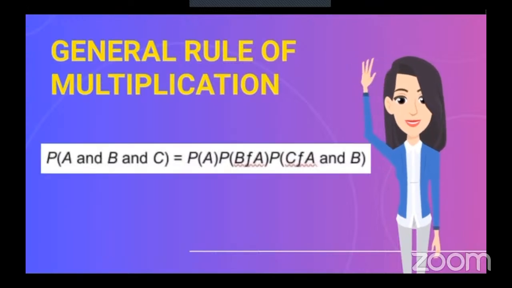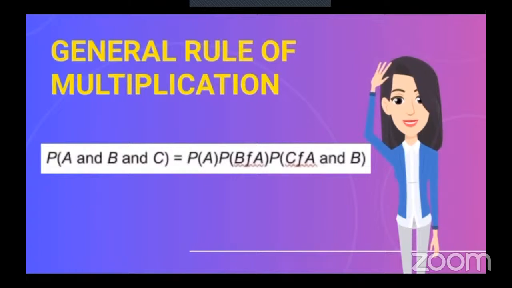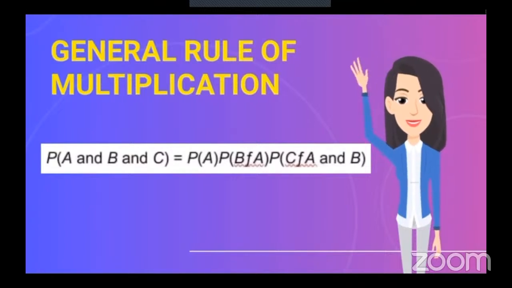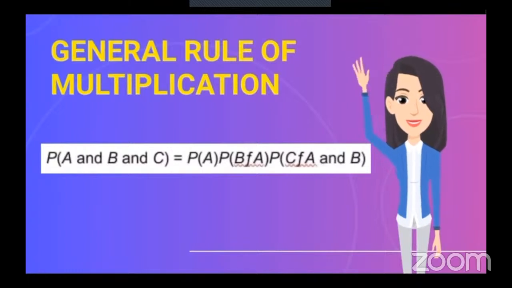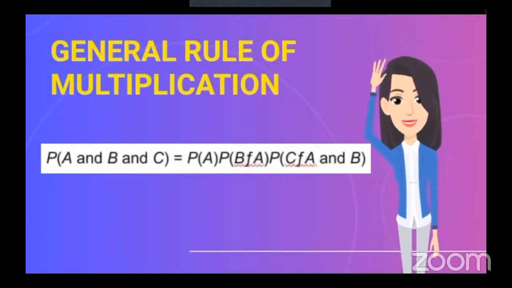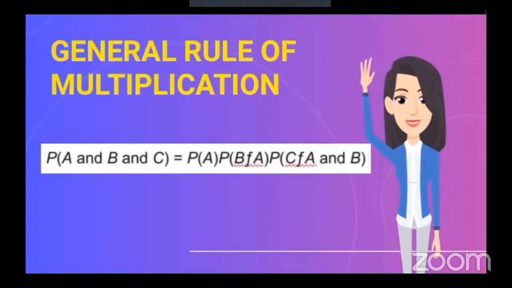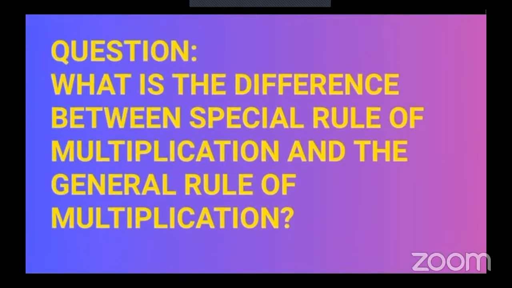And for three events, it is written as probability of A and B and C equals probability of A multiplied by probability of B given A multiplied by probability of C given A and B. On to the question, what is the difference between the special rule of multiplication and the general rule of multiplication?